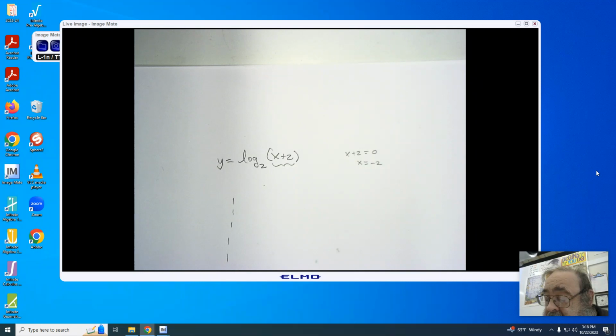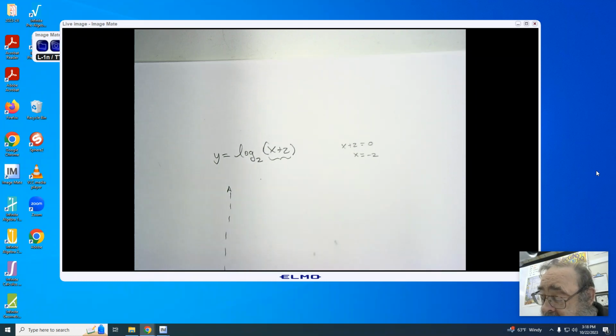Once again, it is a vertical asymptote, and we can only reach it if we were able to get to positive or negative infinity, getting closer and closer to x equaling negative 2.